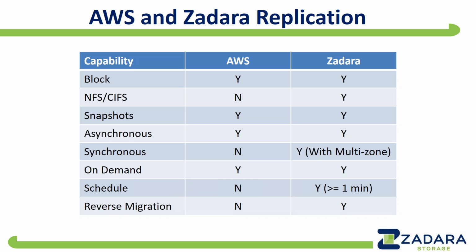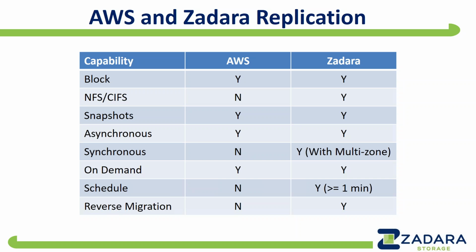We can do a volume level if it's either block or file, so CIFS or NFS, and both are snapshot based and asynchronous. The difference between AWS and Zadara is that we also support a synchronous mode, which is called multi-zone, and I'll show you how to create a multi-zone VPSA.